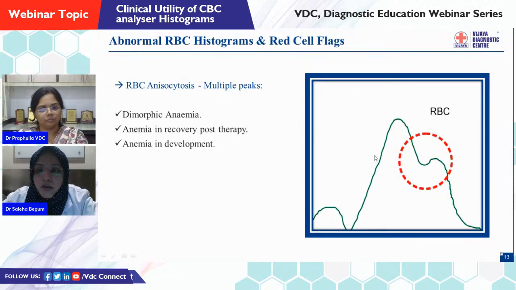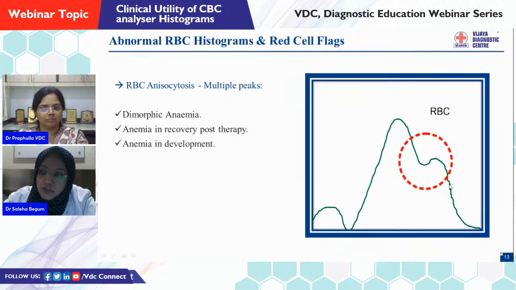But the interesting fact about this dimorphic picture is we can make out whether it is anemia in development or anemia in recovery. Like here you can see the double peak is appearing at the right side of the curve, meaning that there is a larger population which is present in significant numbers.